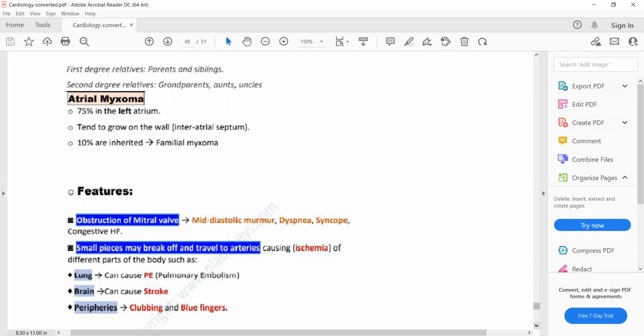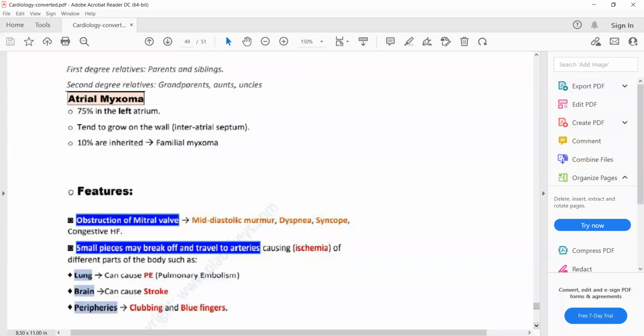So if there's a tumor in the left atrium, what will happen? It can lead to obstruction of the mitral valve. It will obstruct the flow of blood from the atria to the ventricles.